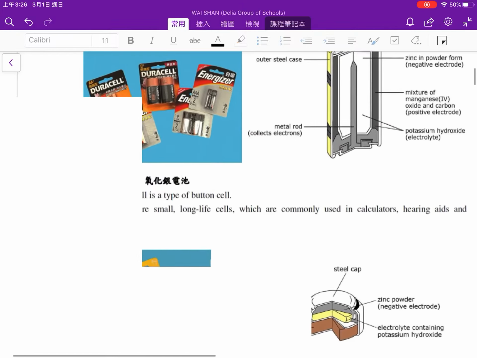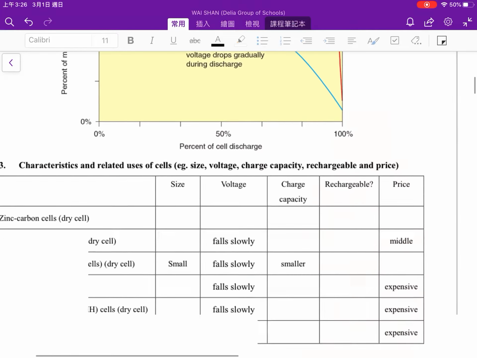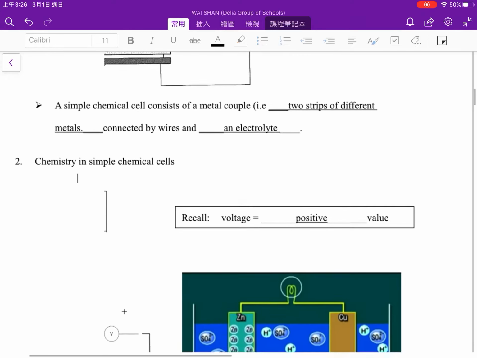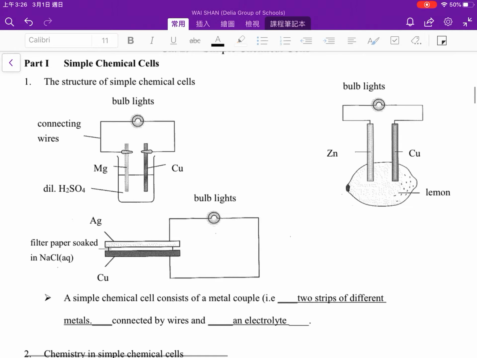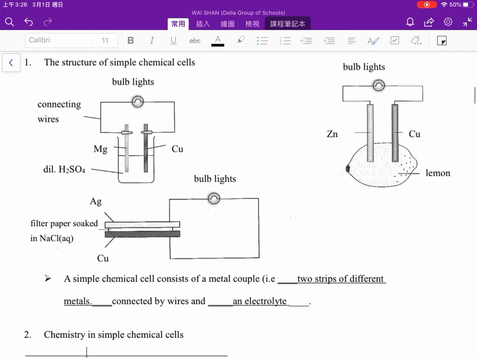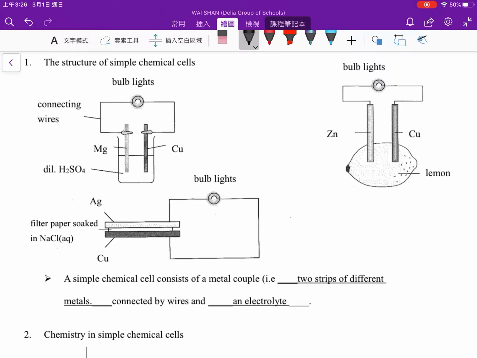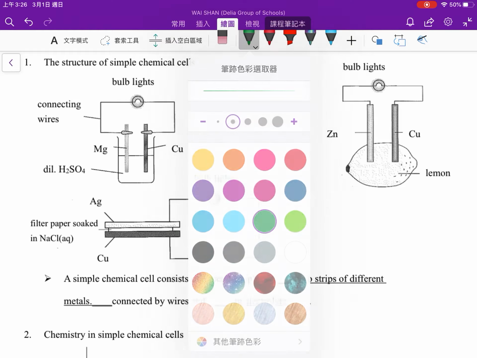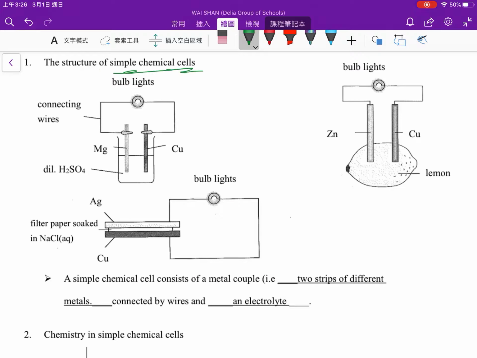So we will go to some simple chemical cells, which is chapter 29. Okay, now we will relate the device of the battery and the chemical and the redox reaction. Okay, so for the common structure of a chemical cell, here we have 3 examples.